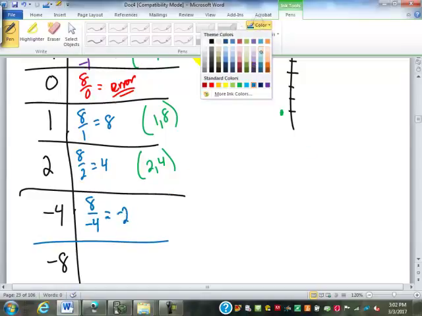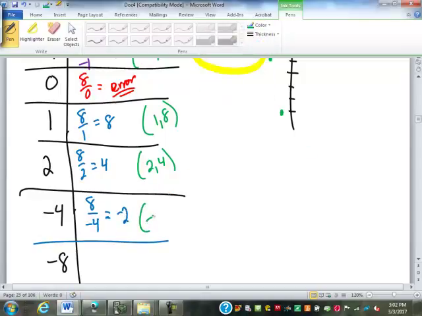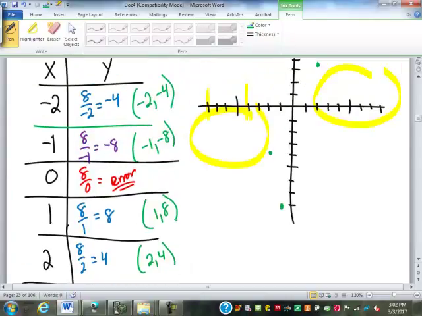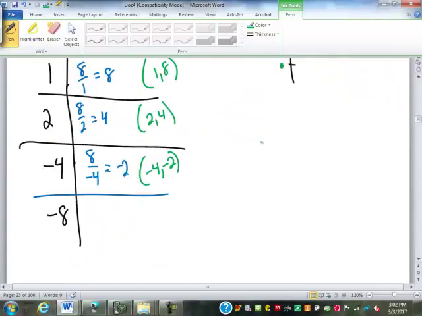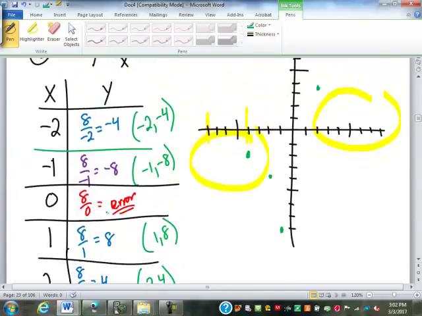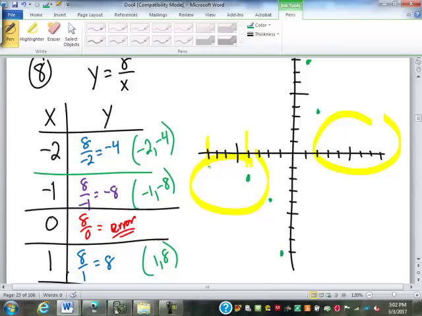Perfect, -2. So you got -4 and -2. So now the next one, yes, if x is -8, y is 8 divided by -8, which would be -1. You are correct. So if x is -8, y is -1, that's right here.